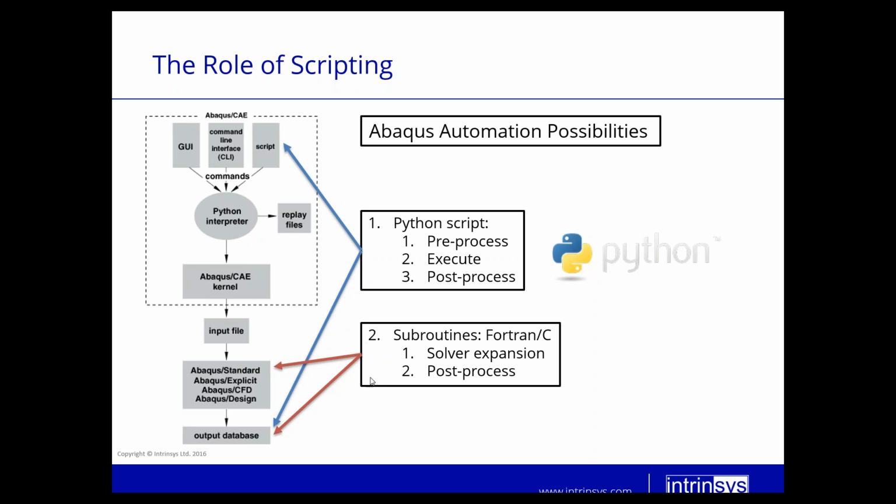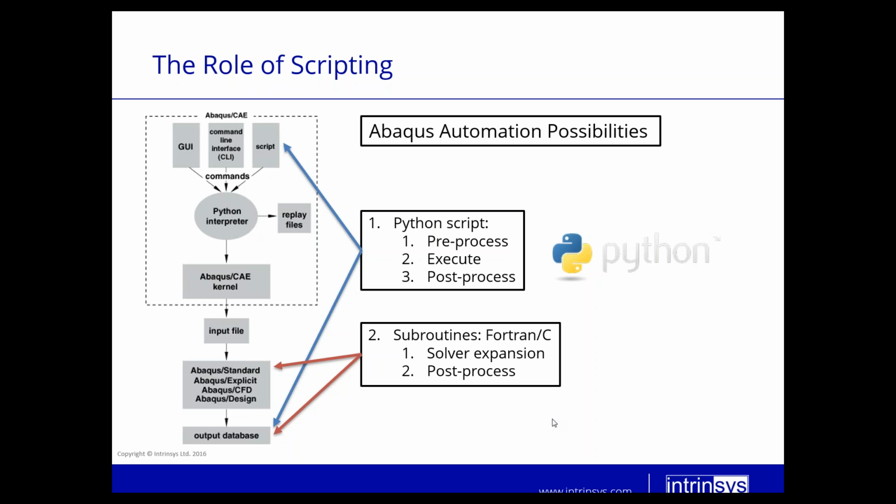Now, just for the sake of completeness, subroutines are also available in Abaqus. Subroutines are meant to expand the capabilities of your solver, so they would actually affect the solution that you get. They can add more functionality into your Abaqus, either standard, explicit, or CFD solver.